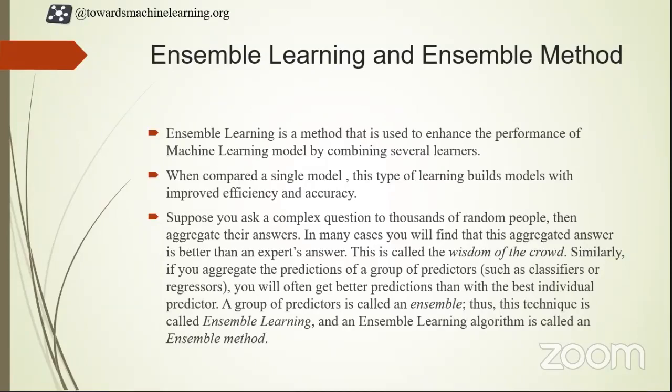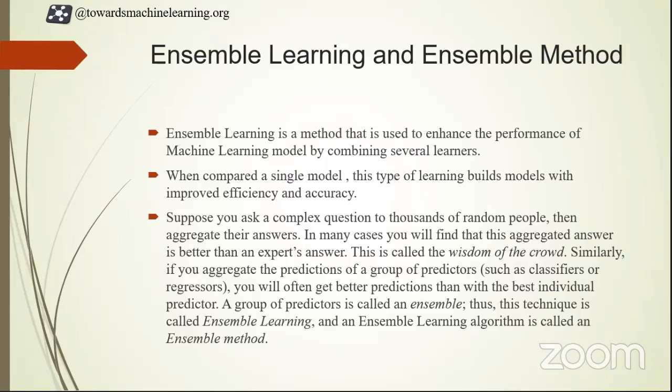Ensemble learning basically deals with the wisdom of the crowd. In this group, every person casts his or her vote in favor of one candidate, so each vote is a weak learner.